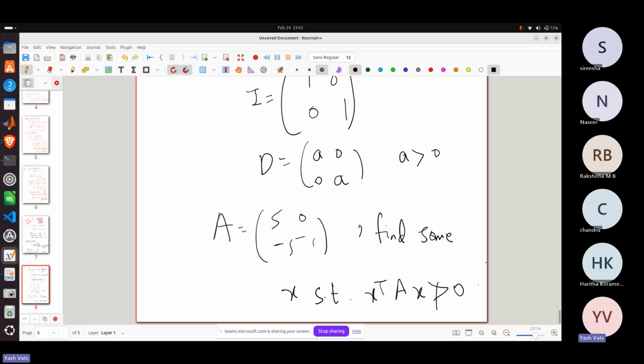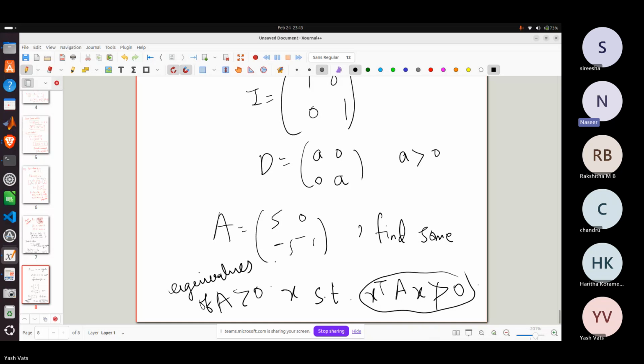But if it's positive definite, then it should be greater than 0 for all x, or the eigenvalues are strictly positive. The x can be any arbitrary x. If for any x it happens that x transpose A x is not greater than 0, then your matrix is not positive definite.